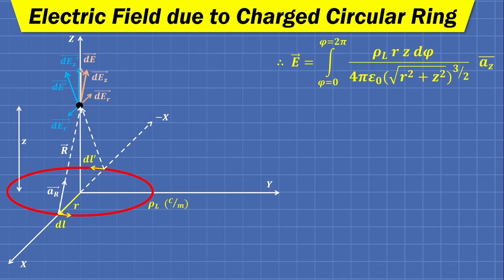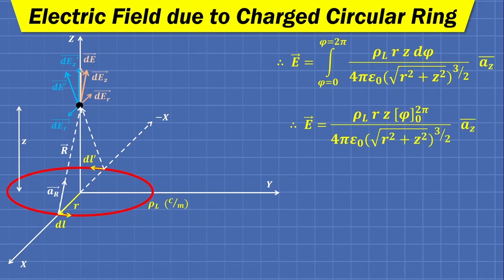All the terms will come out as constants, and the integration of 1 with respect to phi is nothing but phi itself. So E bar equals rho L R Z times phi, with lower limit 0 and upper limit 2 pi, whole divided by 4 pi epsilon 0 into bracket square root of r squared plus z squared raised to 3 by 2, az bar.